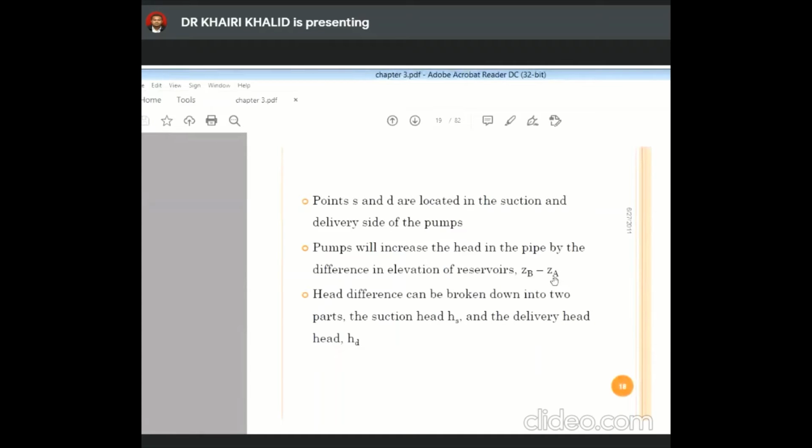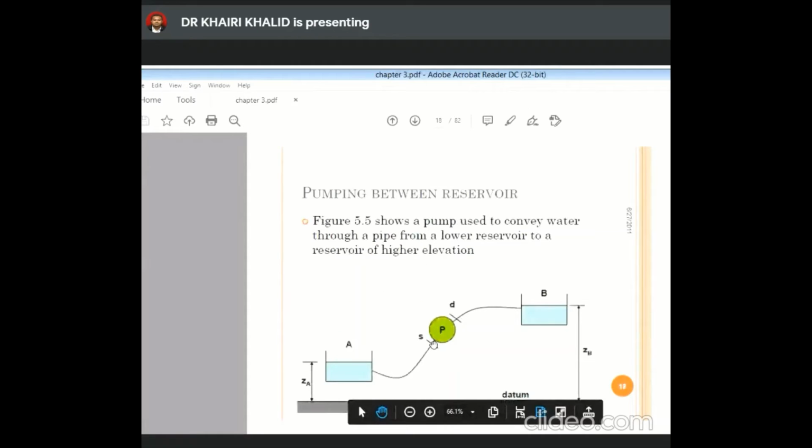Head difference can be broken down into parts HS and HD. Okay, have a look. HS is a vertical distance from point A to a suction part.